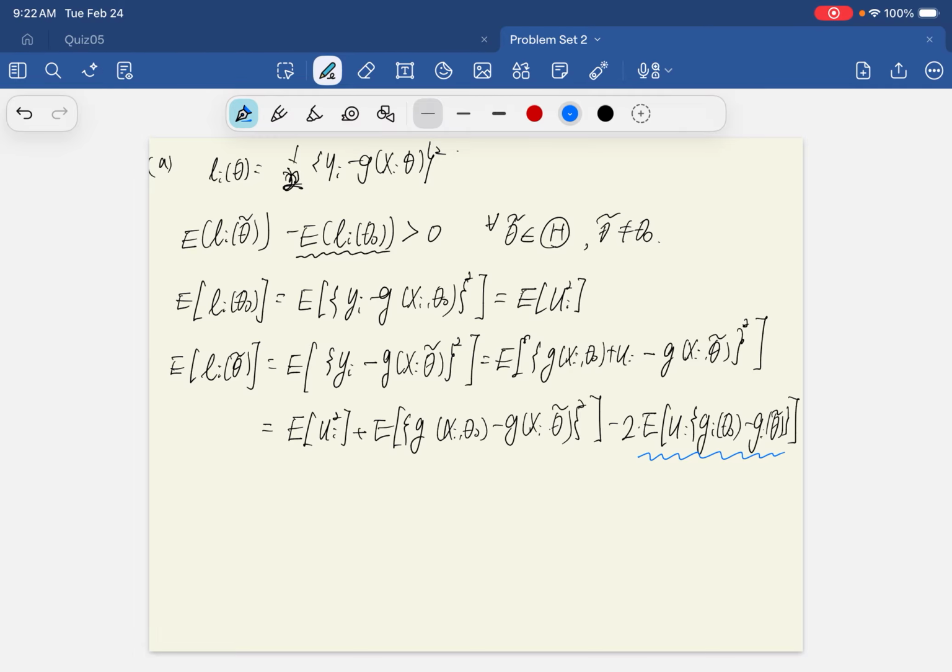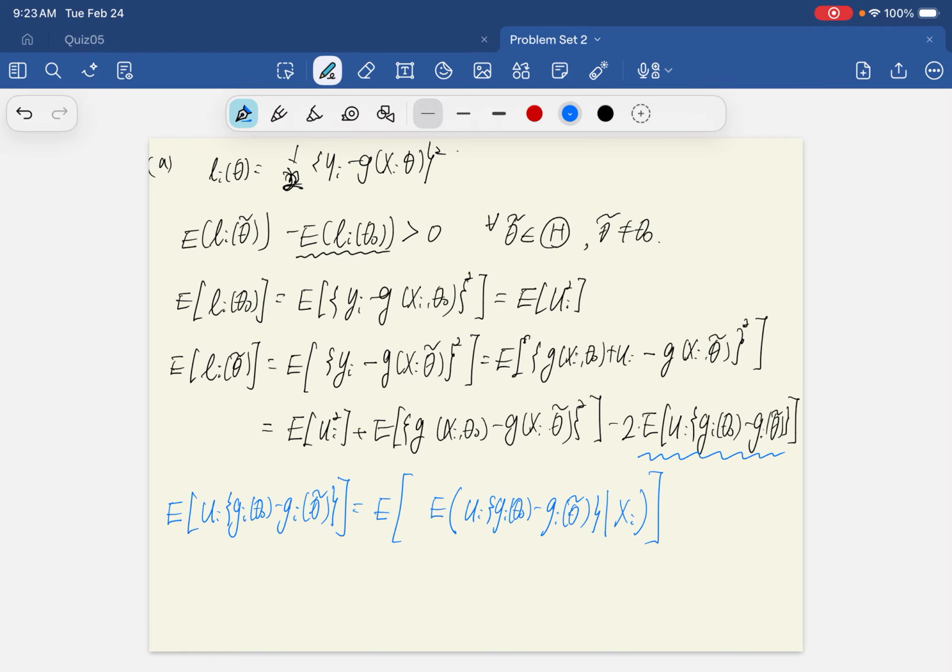And then first, I'm going to show that this equals 0. That is pretty simple. By the law of iterated expectations, you may write the expectation of ui (gi(theta 0) minus gi(theta tilde)) as the expectation of the conditional expectation given xi.